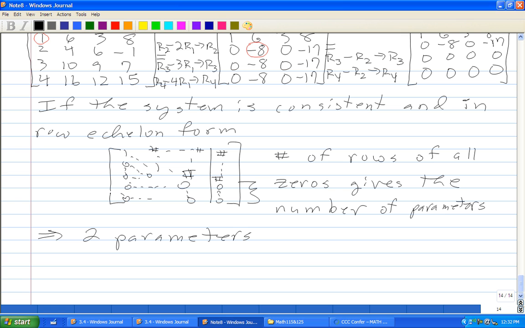Let me give those parameters, I don't know, R, maybe S. That's enough. So let's say W equal negative 8R.